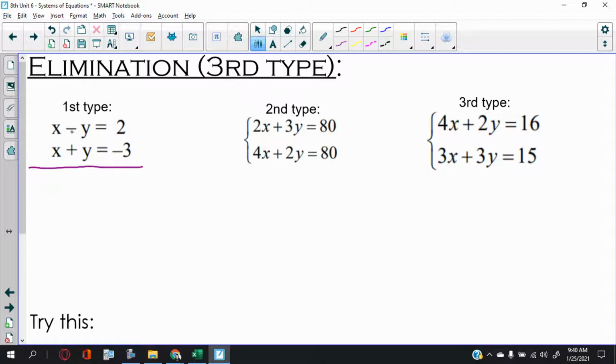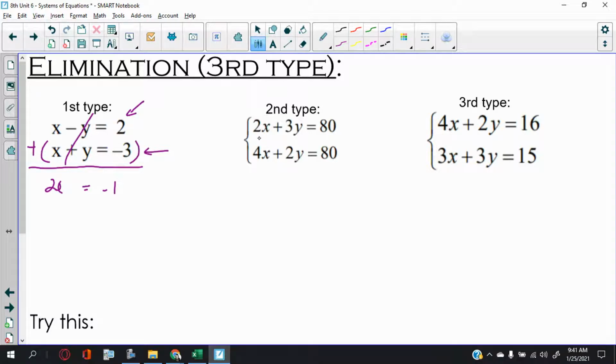Now, type 1 is you literally don't need to change either equation. All you have to do is combine them. So in this example, if you add them, x plus x is 2x, these cancel out, and you got -1 here, so on and so forth. And then you go from there.